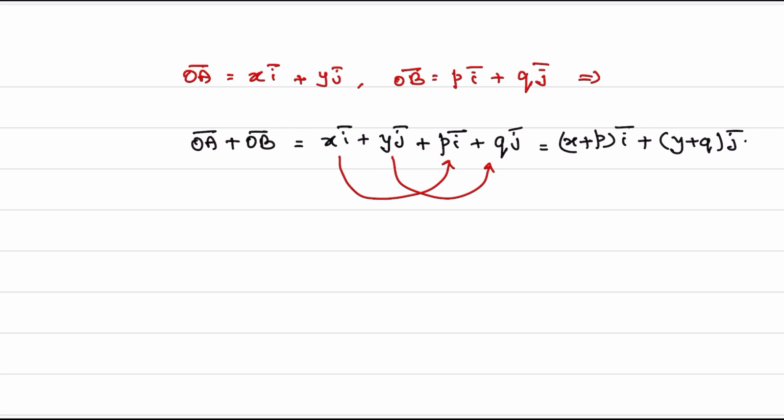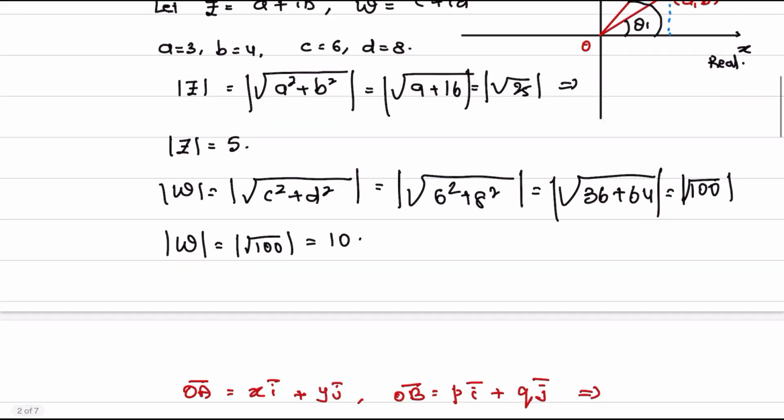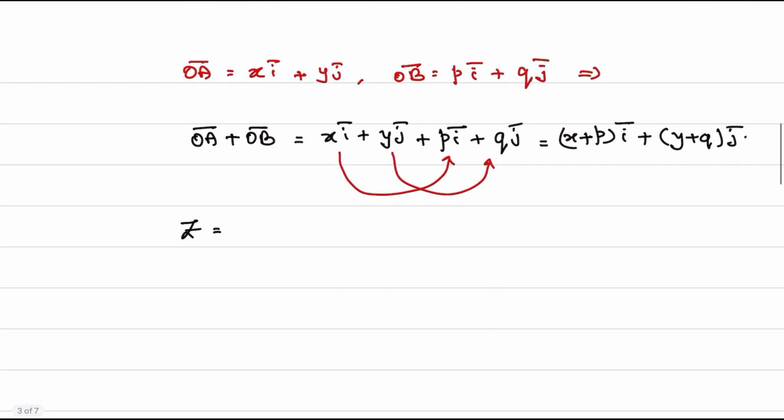Similarly, here what is Z? Z is given as A plus iB. What is W? W is C plus iD. Then for Z plus W, what we have to do?